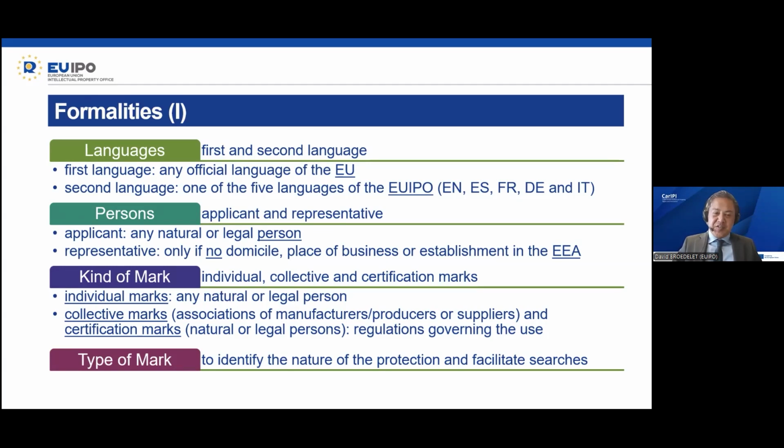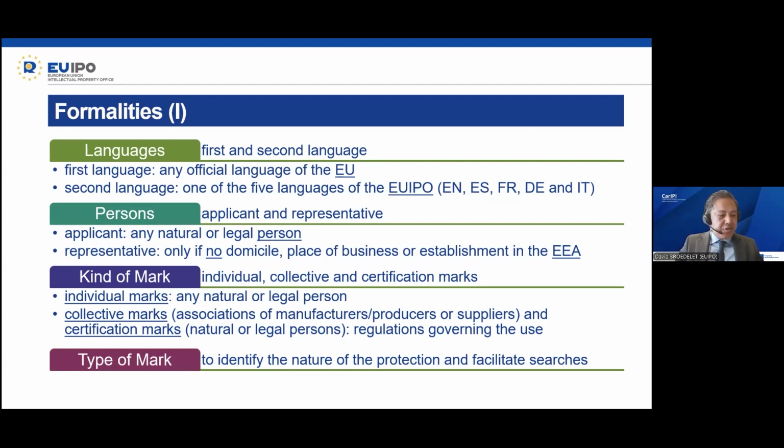Then we go to the next formality step, which are the persons. By a person, we mean either the applicant or the legal representative. Now, an applicant can be any natural or legal person, or also authorities established under public law, but they have to have a domicile or a principal place of business inside the EEA.